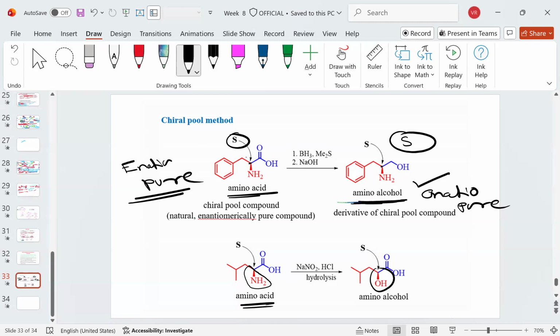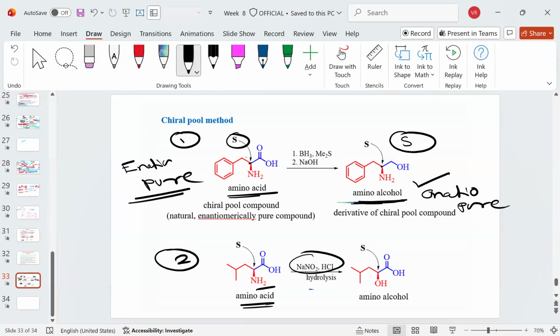we have taken here. So here, the second example; this was the first example of this chiral pool synthesis. If you look at the second example, you can understand this functional group was an amine earlier. So what we did, we treated with NaNO2 and HCl and then did the hydrolysis. What we get? We get this alcohol. I will not go into detail on how this reaction goes.